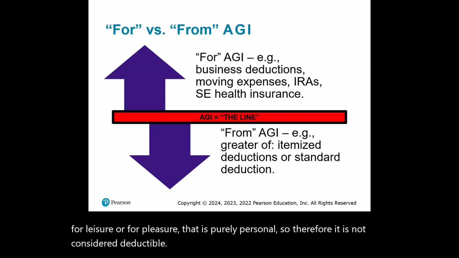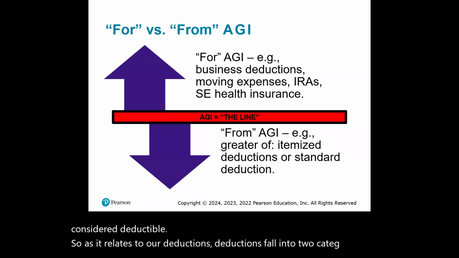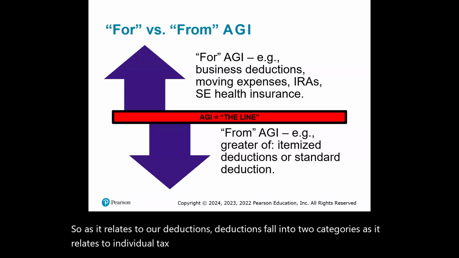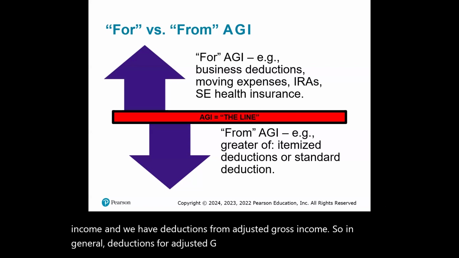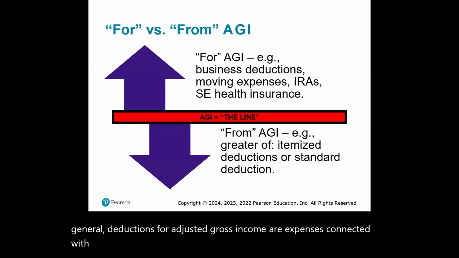So as it relates to our deductions, deductions fall into two categories as it relates to individual taxpayers. We have deductions for adjusted gross income, and we have deductions from adjusted gross income. So in general, deductions for adjusted gross income are expenses connected with a trade or business.